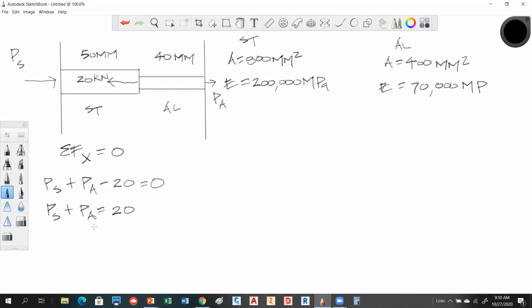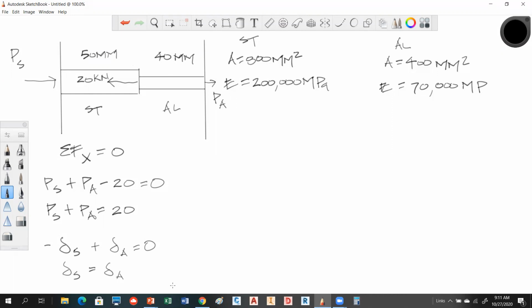So because it's immovable, the deformation of the steel, we'll call that a negative, plus the deformation of the aluminum, that's increasing, has to equal 0. So in other words, the deformation of the steel has to equal the deformation of the aluminum. Everybody agree with that? Because it's an immovable wall.